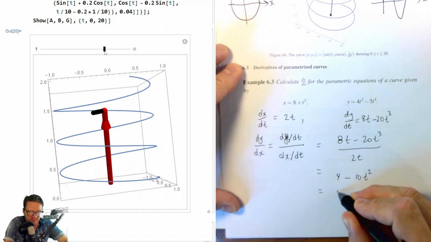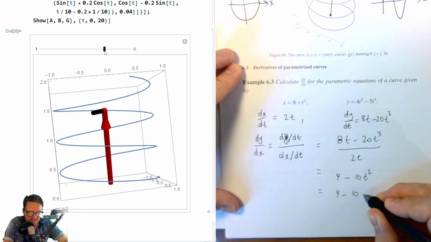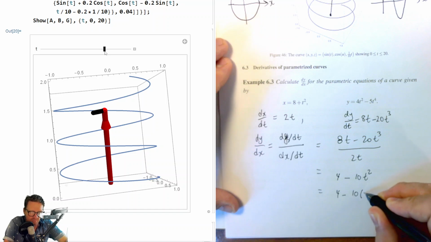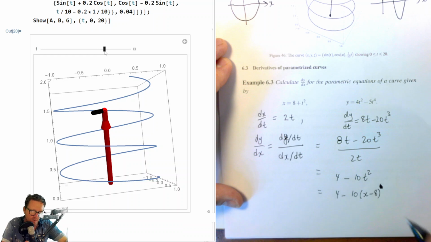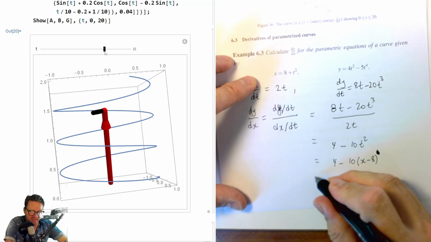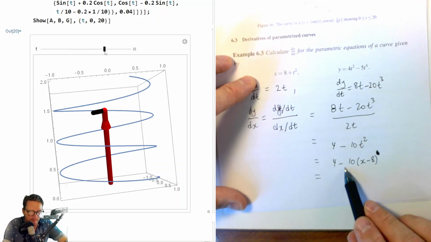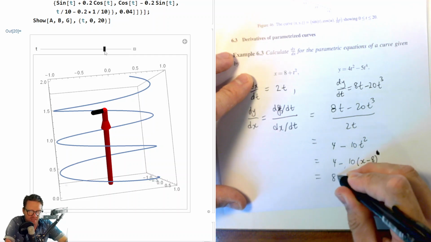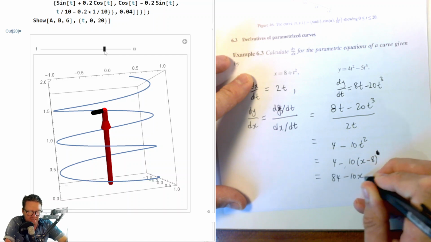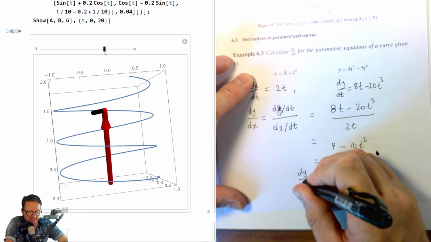So this is 4 minus 10 times x minus 8. Just x minus 8, no square, because t squared is x minus 8. Okay, so if we expand this, then we have minus 10x, and then 4 plus 80 is 84. So 84 minus 10x, and that's dy on dx.